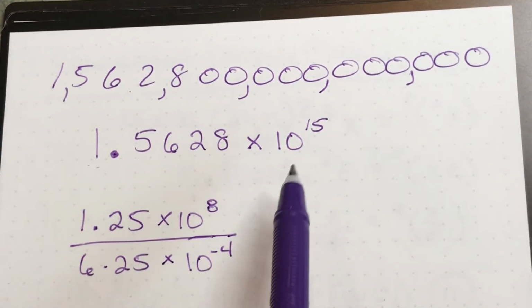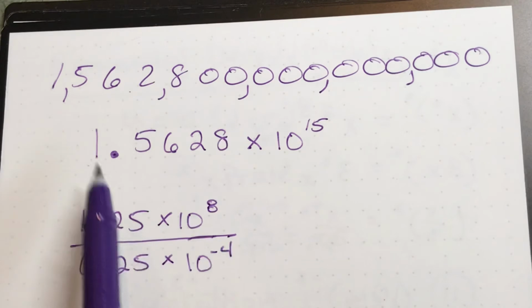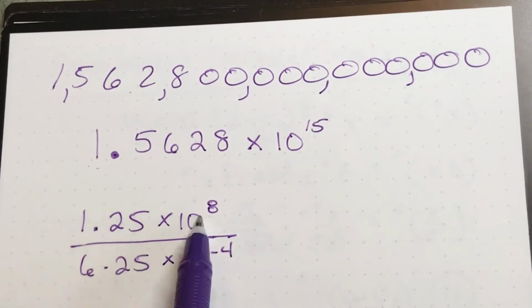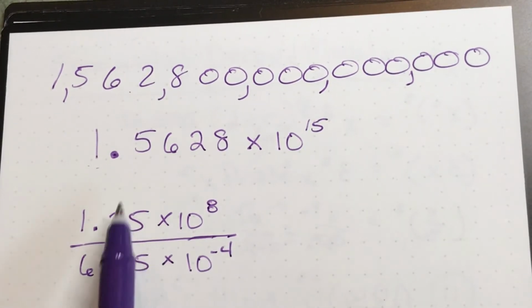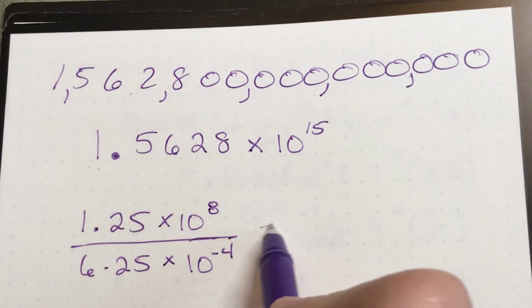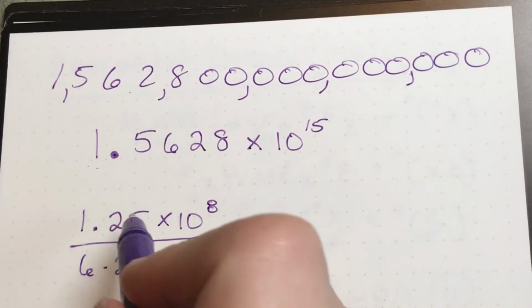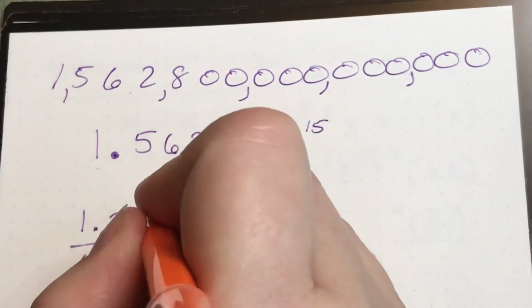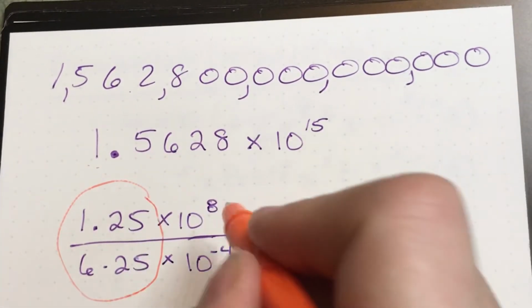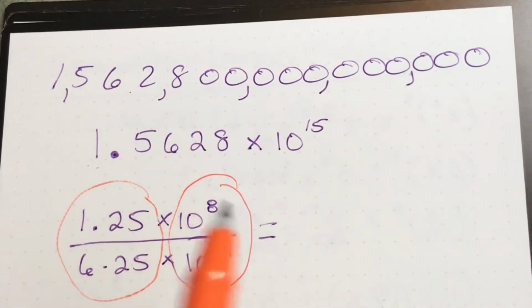So now I'm taking these numbers that are written in scientific notation, and I'm dividing them. Well, to do that, I'm going to divide this part and divide this part separately.